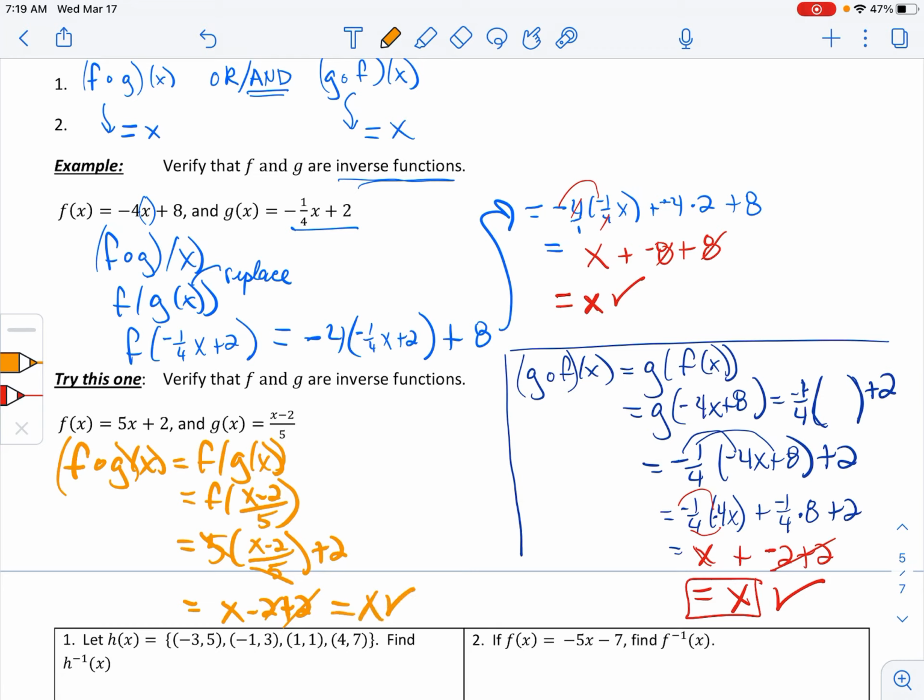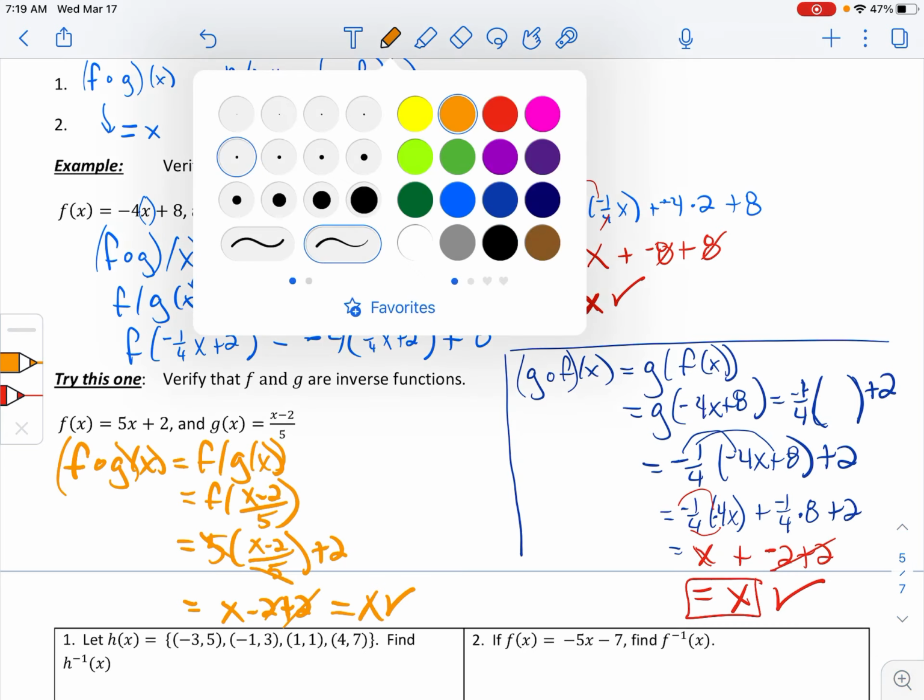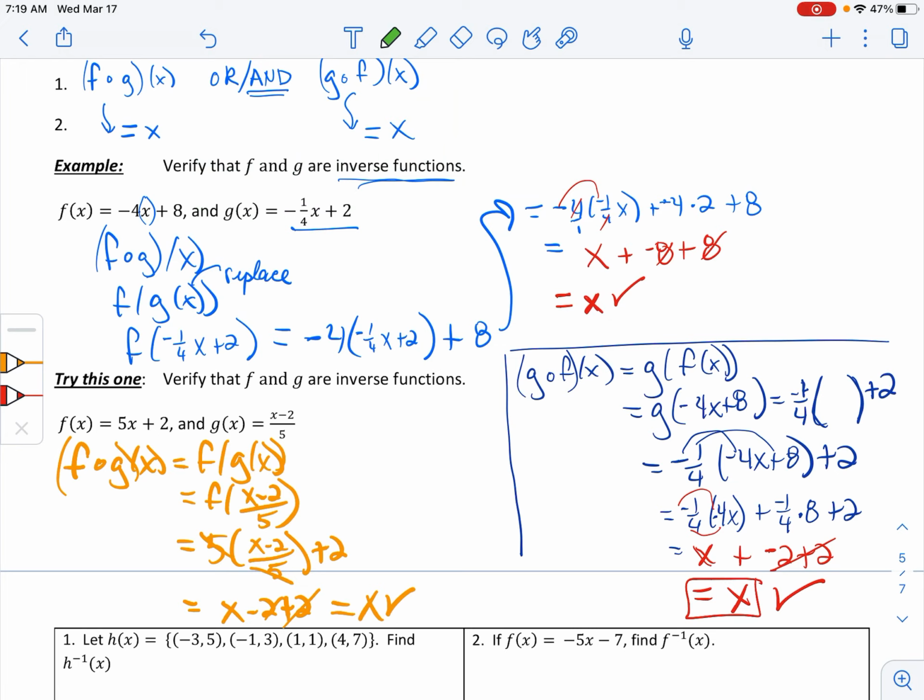Okay. Let's go the other direction. So if I do g of f of x, I get g of 5x plus 2. So now I get 5x plus 2 minus 2, all over 5.